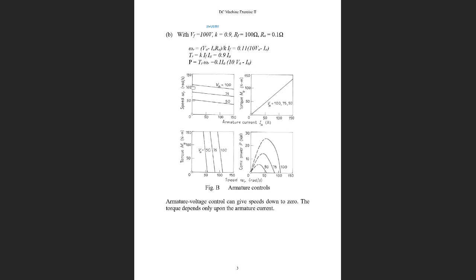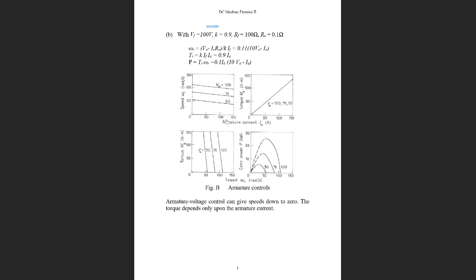When the armature current is 0, that is the open circuit, no load case. The speed is the highest one. The armature current is 0. So the motor has a speed above 100 radians per second.